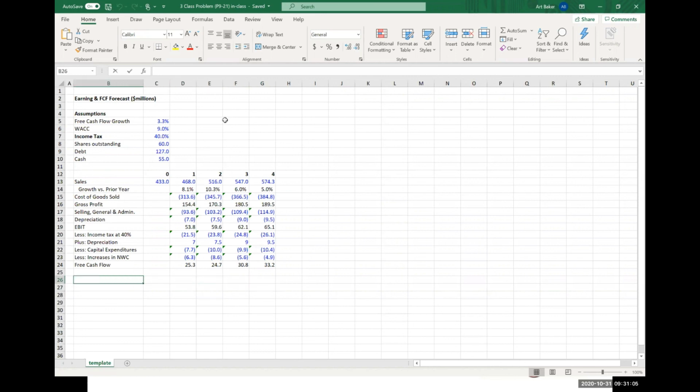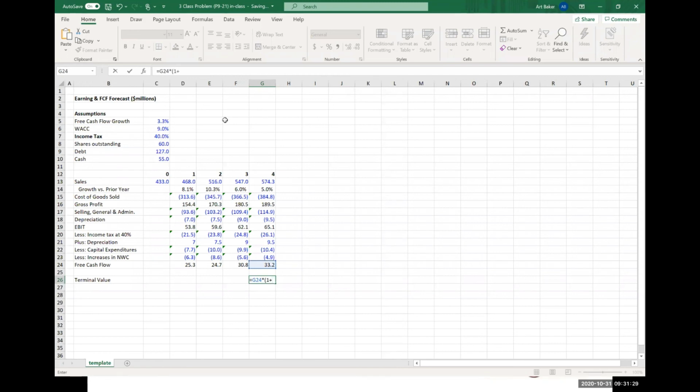We'll call it terminal value. How do I calculate cash flow in year 5? The value in year 4 times 1 plus the growth rate.